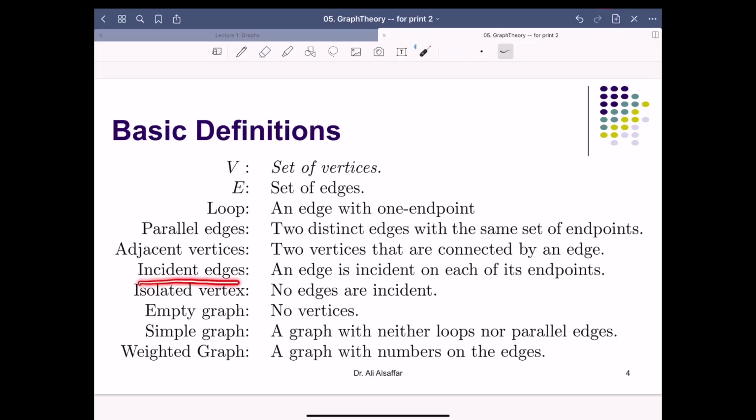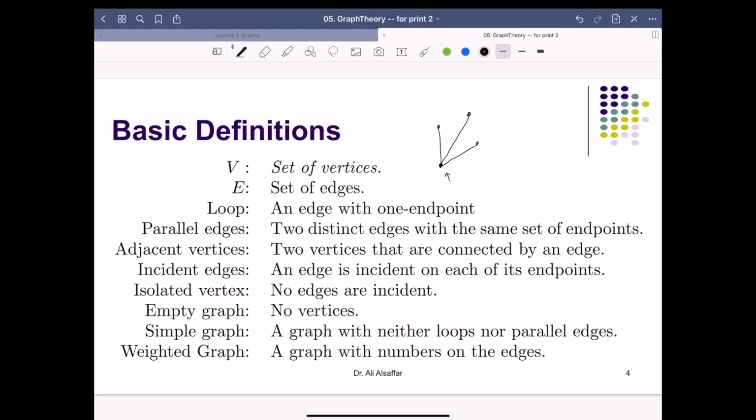Now incident edges. Before we were talking about vertices, now we are talking about edges. When we say edges are incident, imagine the following situation. We have 1, 2, 3, and 4 vertices. If this vertex has an edge to each of these three vertices, here we are counting the edges connecting this vertex.